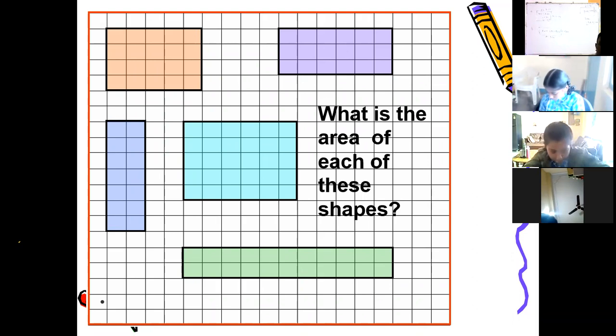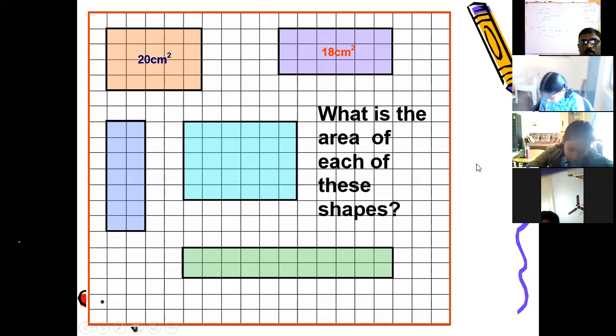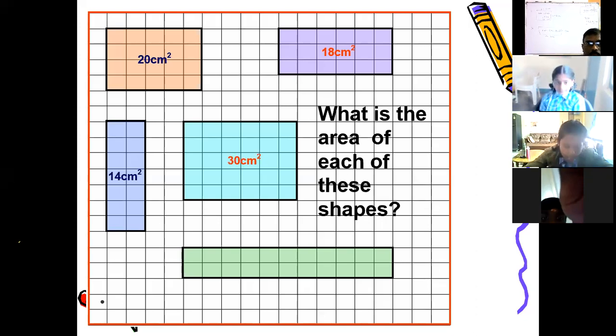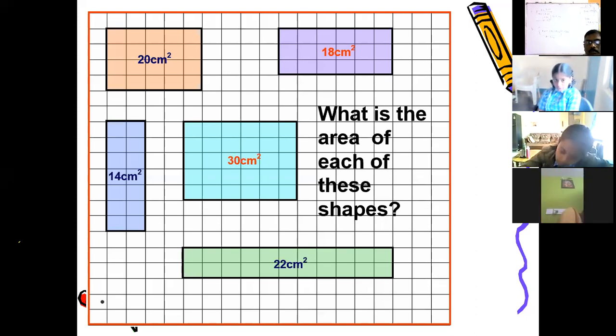Two shapes I tried here. Other 3 shapes you can try. Otherwise, we close the class. I will send the PDF of this. You can try. First one is 20. Second one is 18. Third one, fourth one, fifth one, these are the answers.